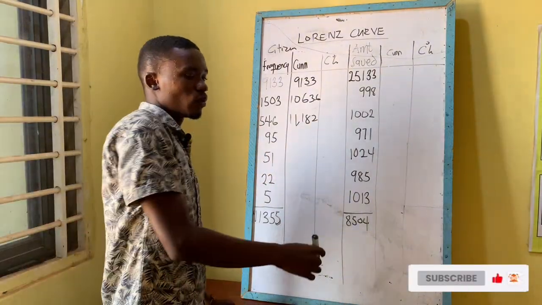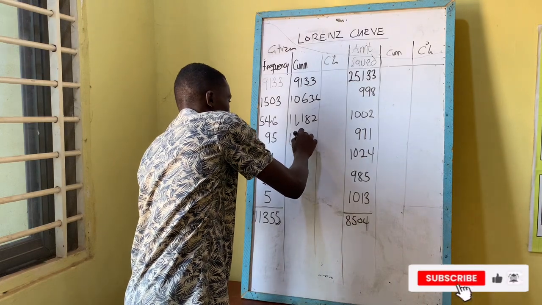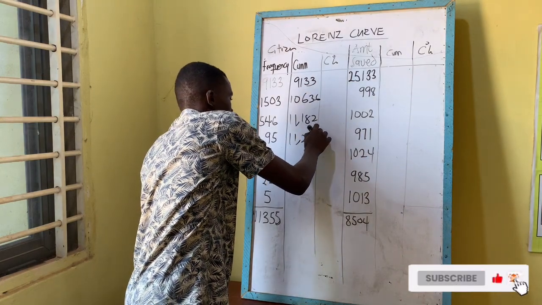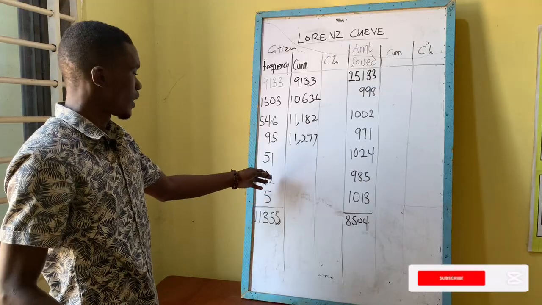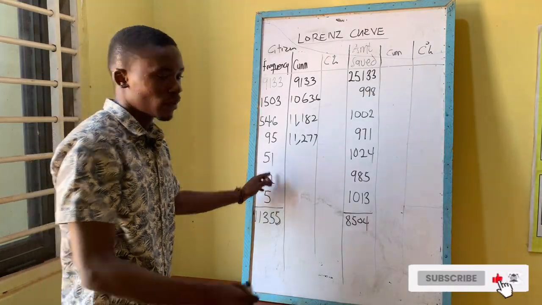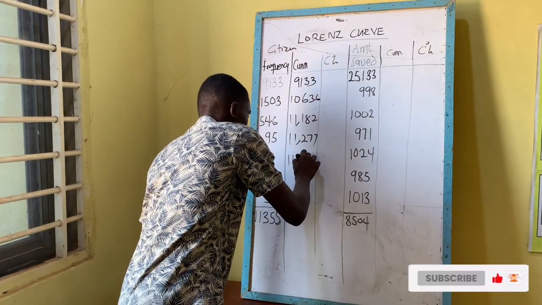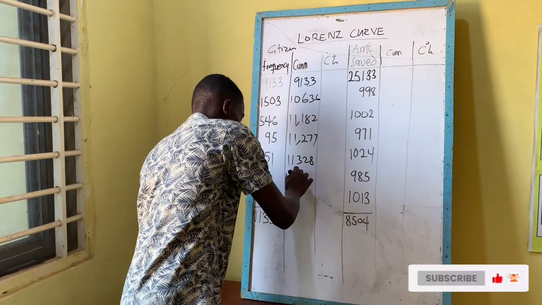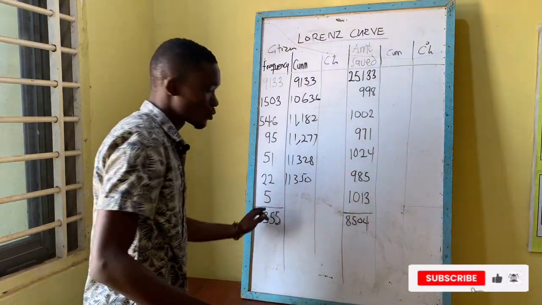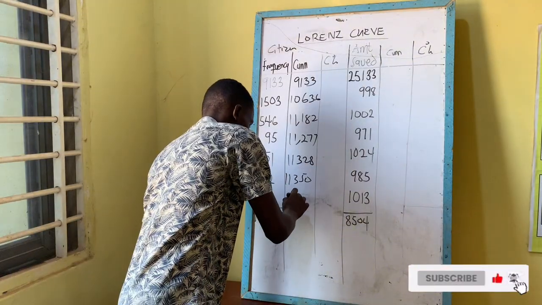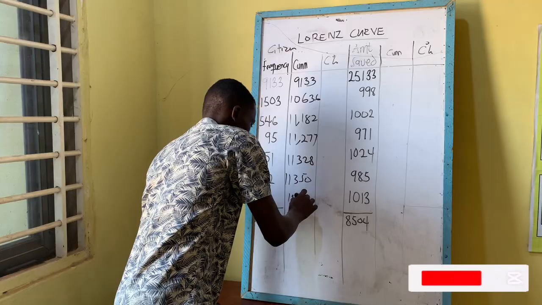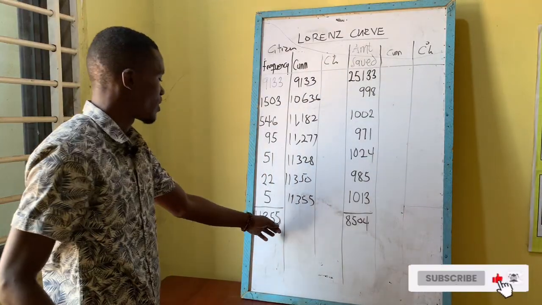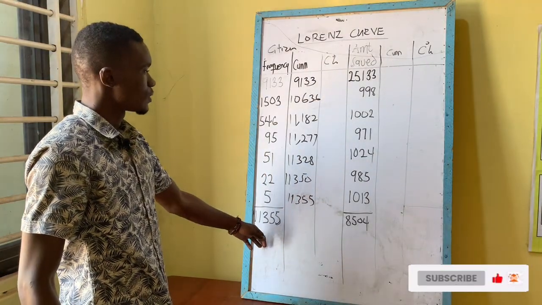Then it will give you 11,277. So you continue like that. Here will give you 11,328. The next one will give you 11,350. And the last one will give you 11,355. So you are supposed to arrive at the total of the frequency.